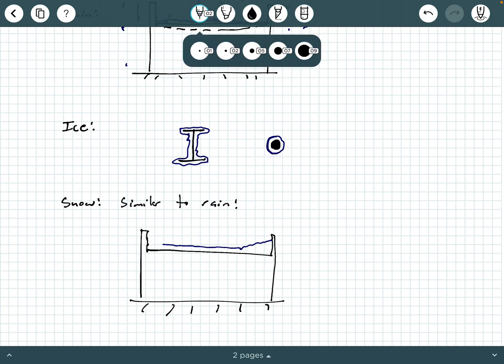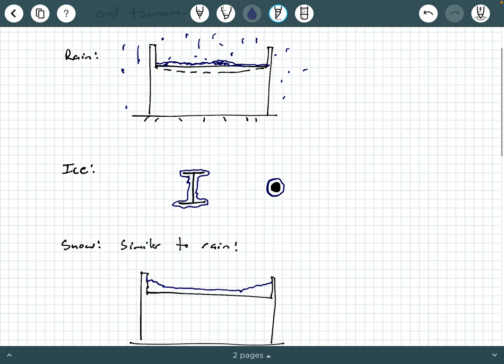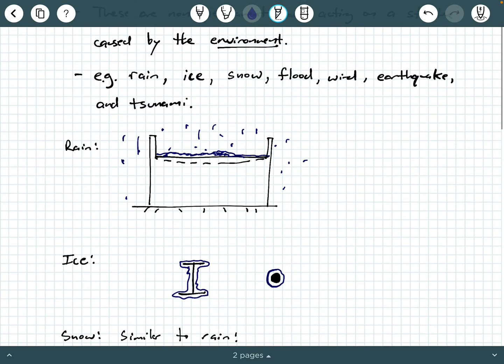So you have snow maybe piling up with a greater intensity near your parapets right here. So that would be snow. We sometimes call that snow drift. So that would be snow adding more weight to your structure.